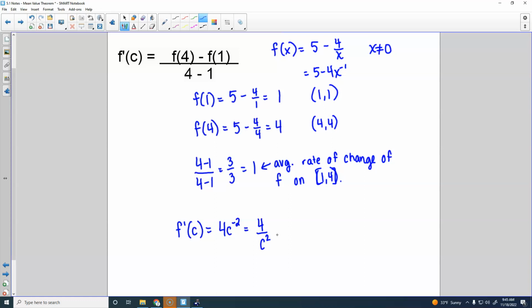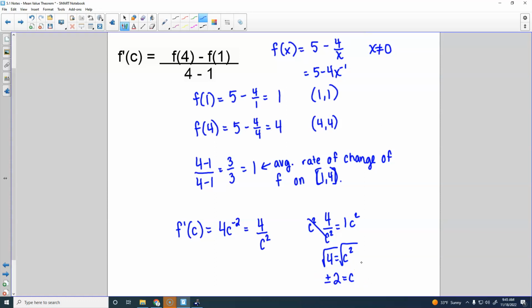So to solve this, I'm going to do 4 over c squared equals 1. I will multiply both sides by c squared. 4 equals c squared. I will square root both sides, so I will get plus or minus 2 for my c. However, do I use both positive and negative 2?